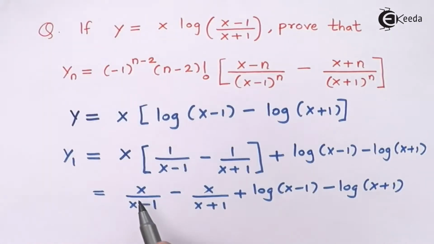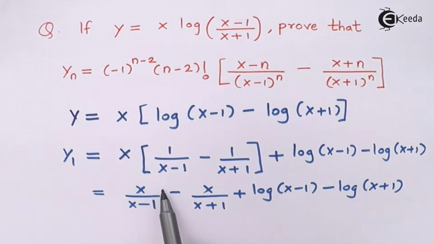Now guys, here we have x in the numerator. So what we'll do is, here we'll add 1 and subtract 1, so that we'll get 1 in the numerator, and then we can convert it in the formula number 1 or 2, and then we can get the answer of nth derivative. So guys, for that, here I'll subtract 1 and I'll add 1.